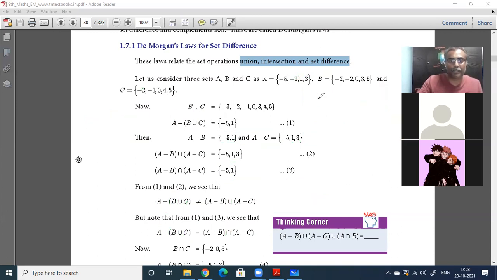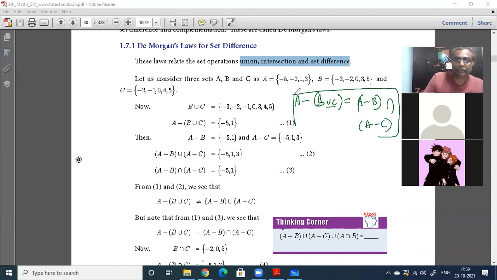So remember that one: you put A minus B and A minus C, but instead of union, you say intersection. You put the ulta there, then you get the answer.